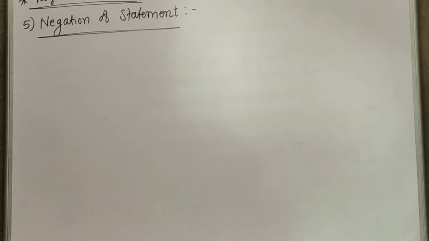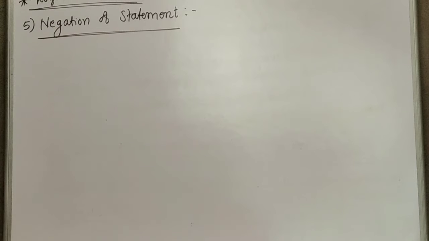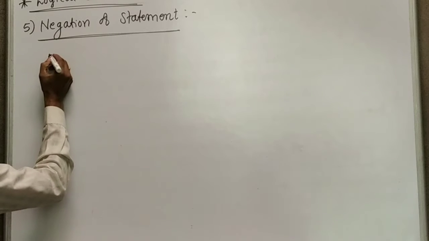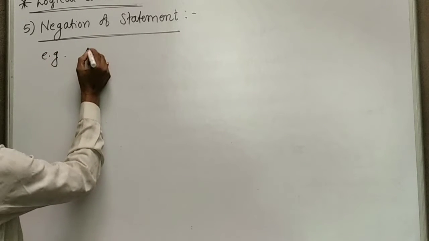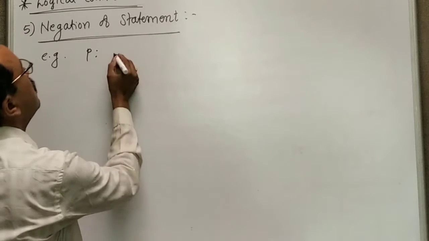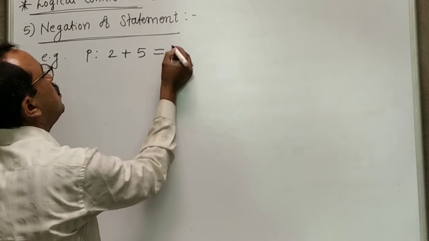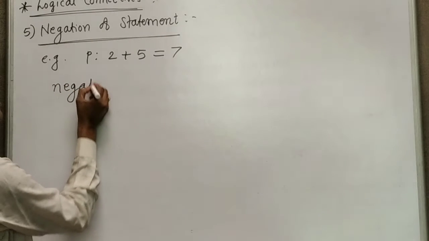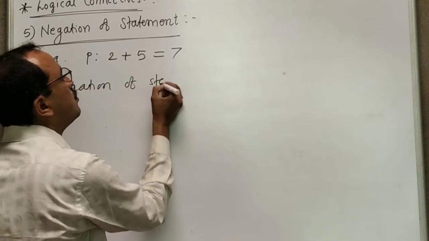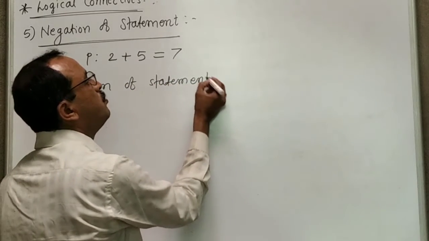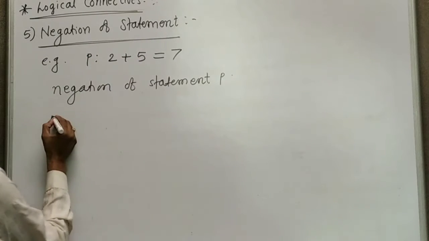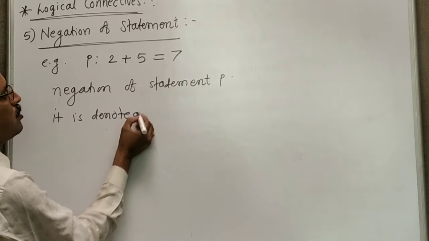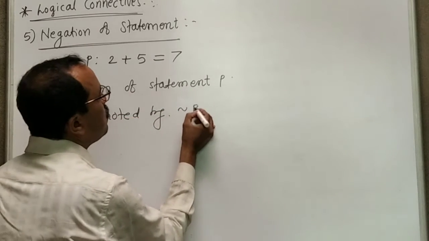Now we use a fifth connective, that is not, negation of a statement. We consider one example. For example, if I write a statement P, 2 plus 5 is equal to 7, then the negation of statement P is denoted by the negation symbol.